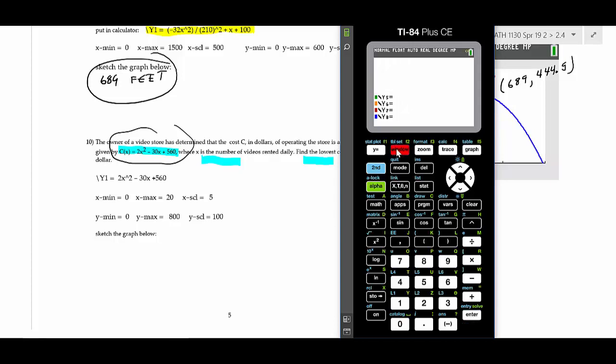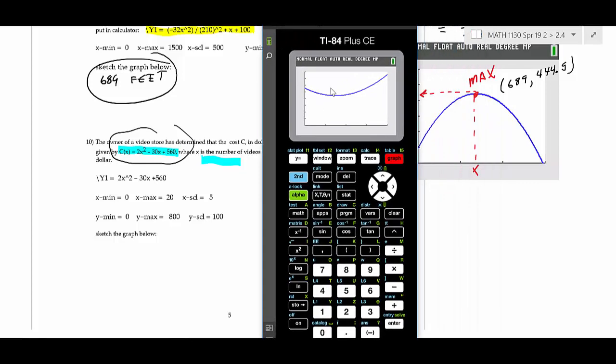So put this in. The window I gave you was 0 to 20 by a scale of 5, and then 0 to 800 by a scale of 100. If you get everything put in, you should have a parabola that has a minimum. Then we're going to just find that minimum value.